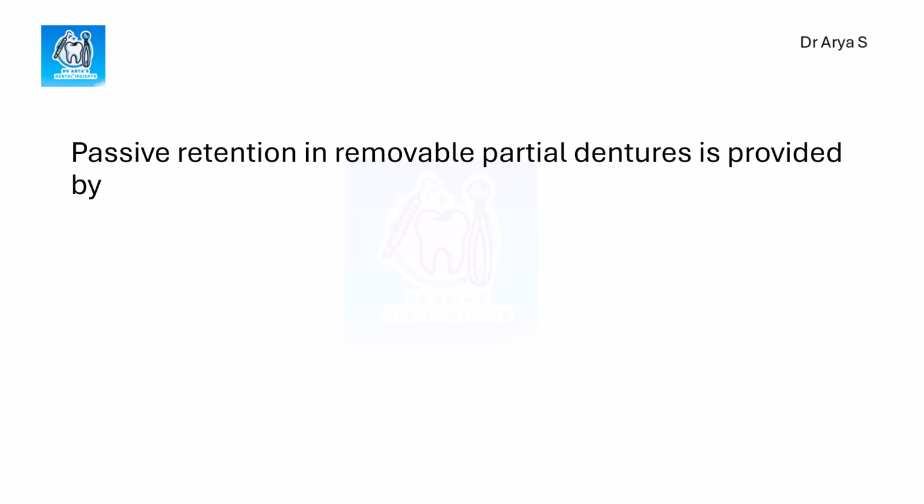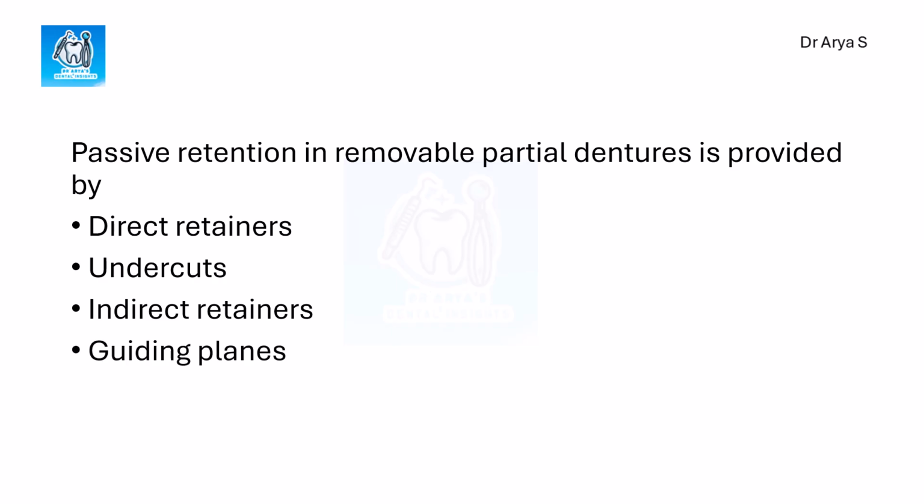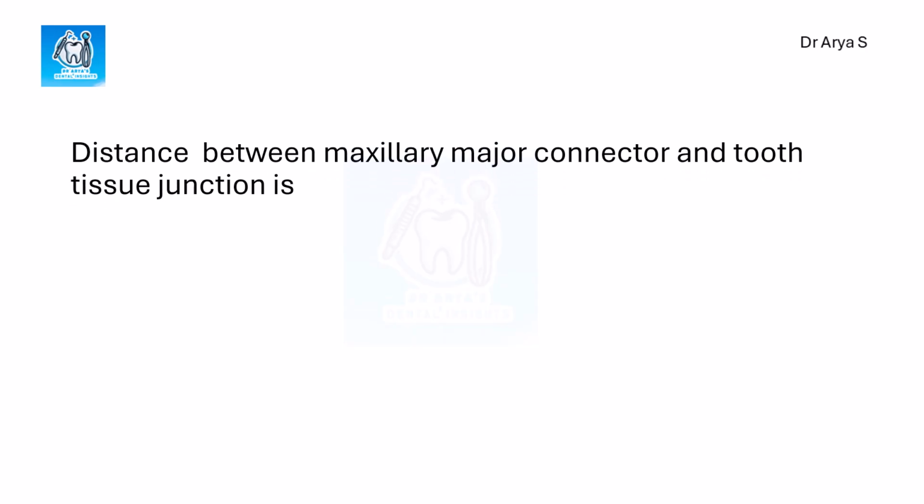Passive retention in RPD is provided by direct retainers, or undercuts, or indirect retainers, or guiding planes. Here the answer is guiding planes. So passive retention in RPD is provided by guiding planes. Distance between maxillary major connector and tooth tissue junction is 2 mm, 4 mm, 6 mm or 8 mm.